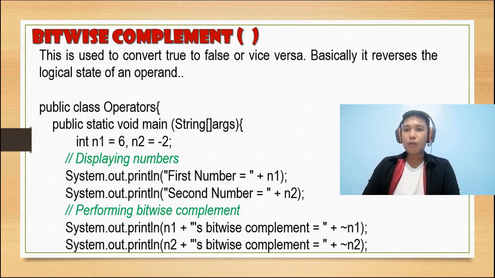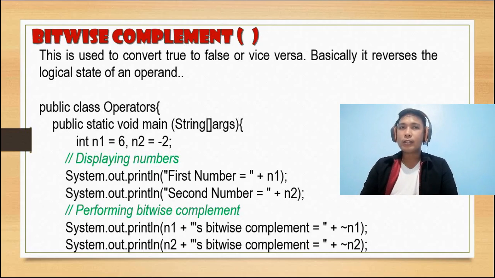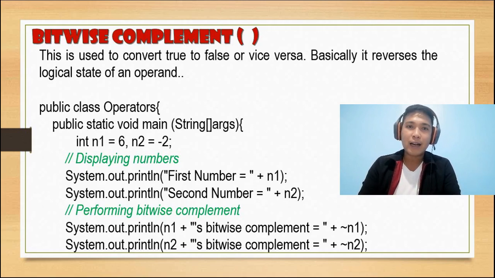But if we use the bitwise complement in this scenario, the bitwise complement of 6 is negative 7, and the bitwise complement of n2, negative 2, is 1.